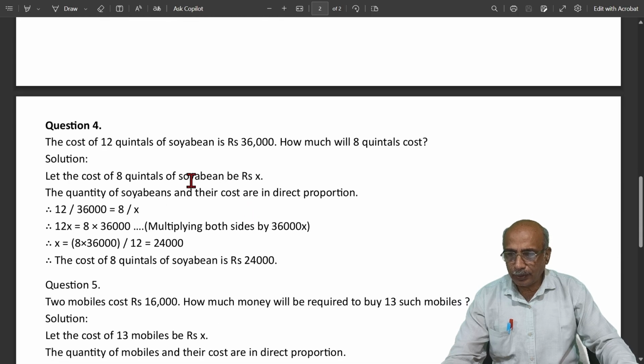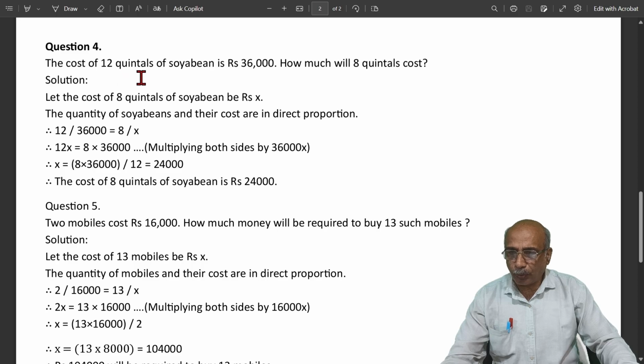Next problem. The cost of 12 quintals of soybean is rupees 36,000. How much will 8 quintals cost? Let the cost of 8 quintals of soybean be x rupees. The quantity of soybeans and their cost are in proportion. So quantity upon cost, that is 12 upon 36,000 equals 8 upon x.